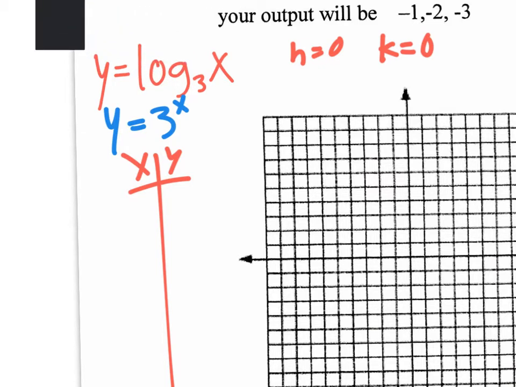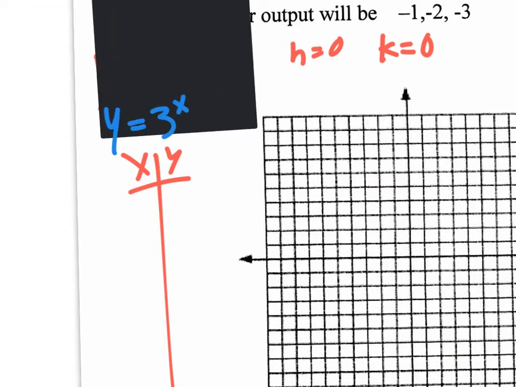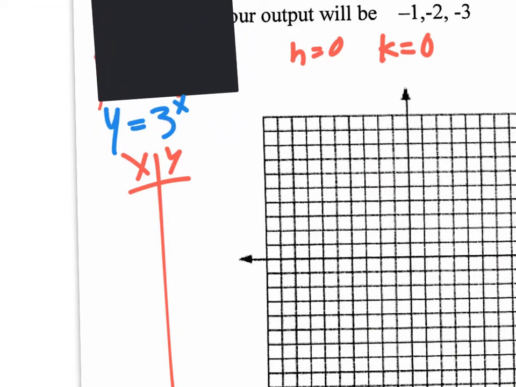Now, pretending that this is not a logarithmic function, pretending that it's y equals 3 to the x, how would we get coordinates for that? We're going to use -3, -2, -1, 0, 1, 2. Let's go for an easy input, like 0. 3 to the 0 gives me 1. The next number, since this is what kind of function? Growth or decay? Growth.